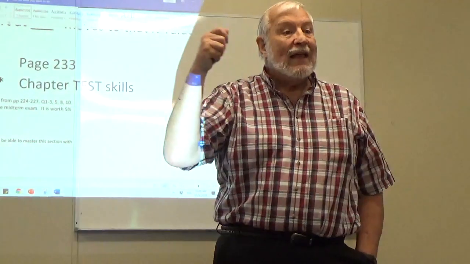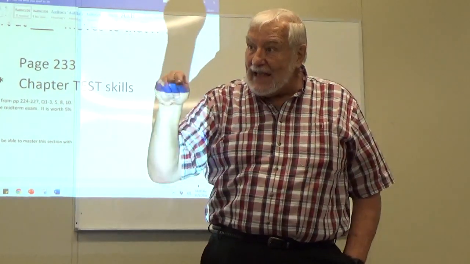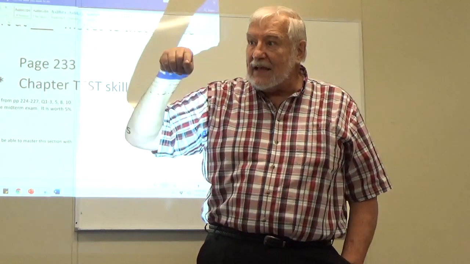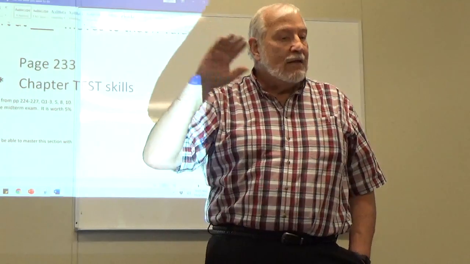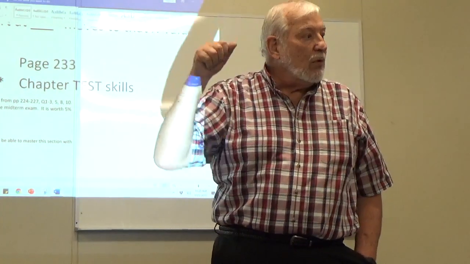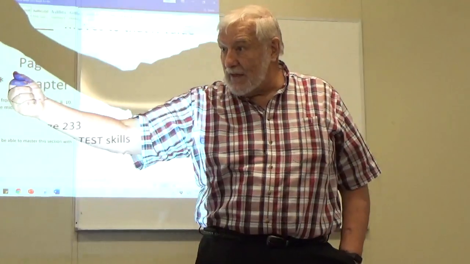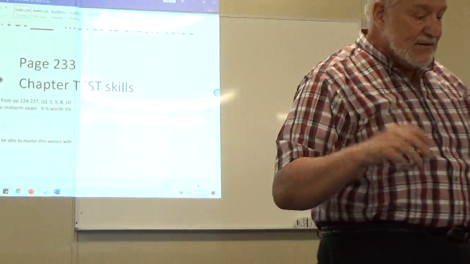But if it's a negative number, it can't be the square root of a negative number because you have an i, then the value of the function will never be whatever that number was. Okay, so that's the skill there.